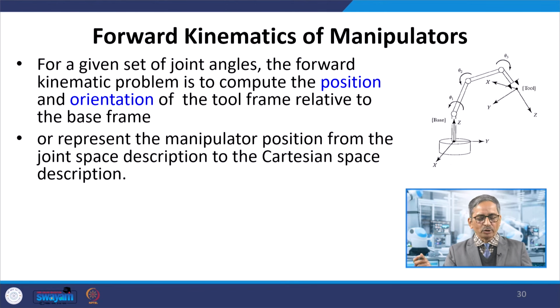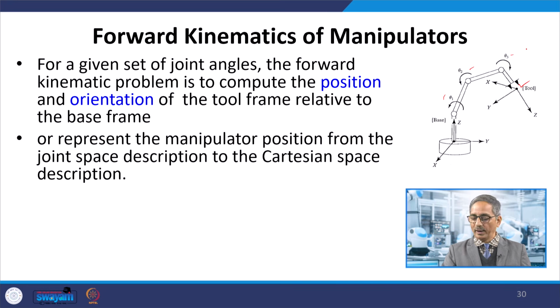Now, coming to one of the popular terminologies used for the manipulator, that is the forward kinematics of the manipulator. So basically, I said a manipulator consists of links which are joined using different types of joints. So in the forward kinematics, what we are trying to do is find out the position and orientation of the end effector, if we are given the joint angles.